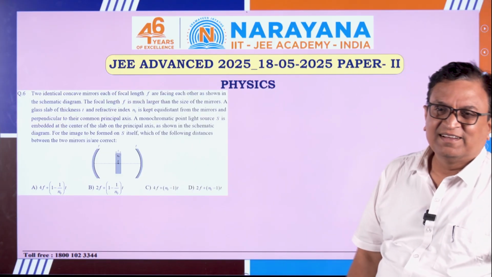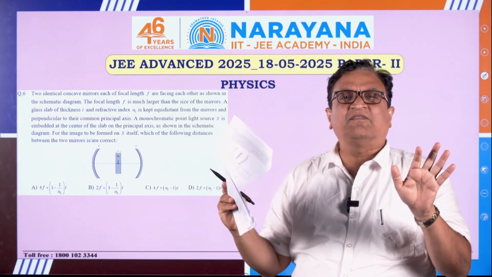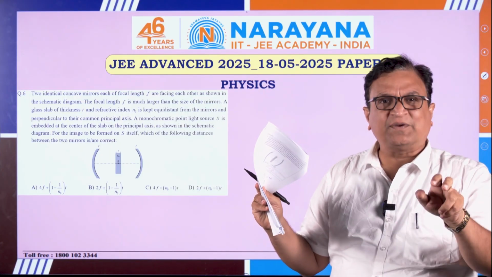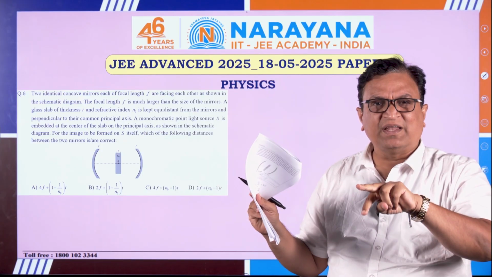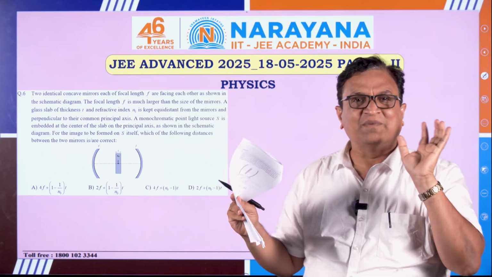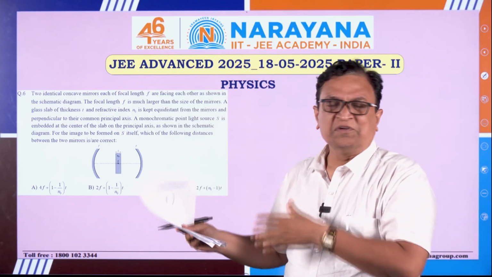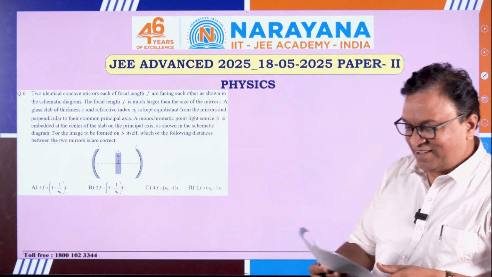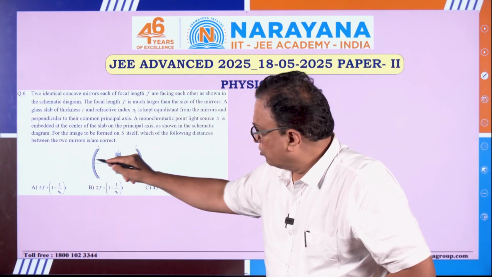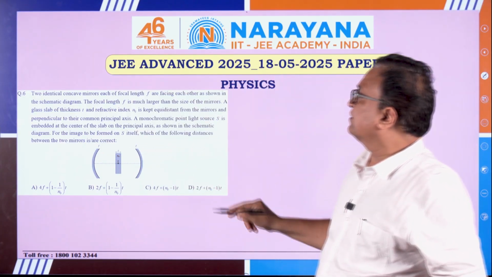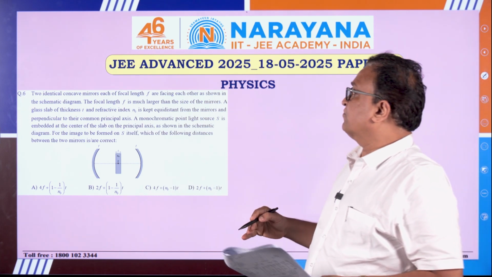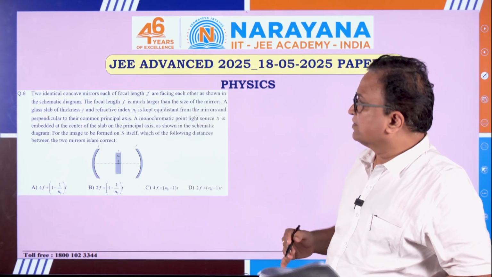Next comes optics. Every year there will be a question from ray optics, lens combination, lens concave mirror combination, concave mirror combination. This year also they followed the same trend. Right. You have two identical concave mirrors. Both are of the same focal length and facing each other as shown in the diagram. Focal length f is much larger than the size of the mirrors.